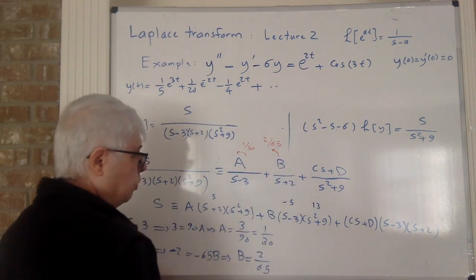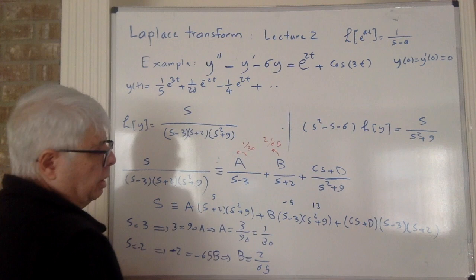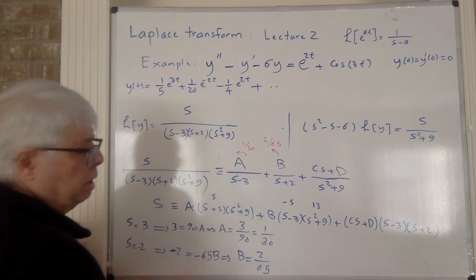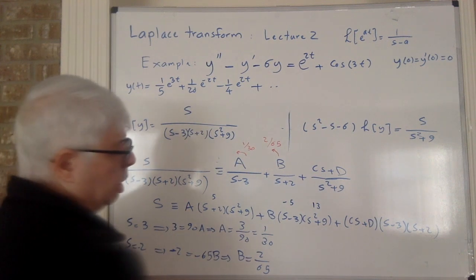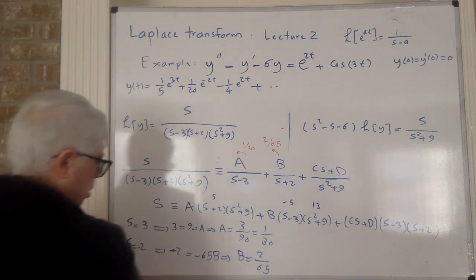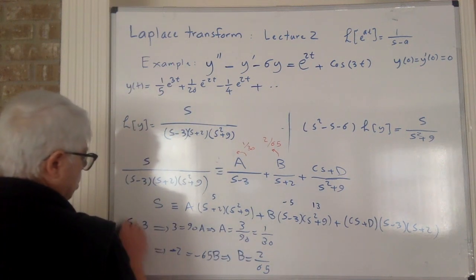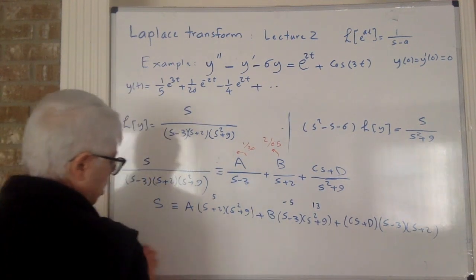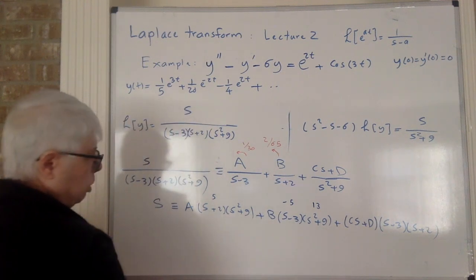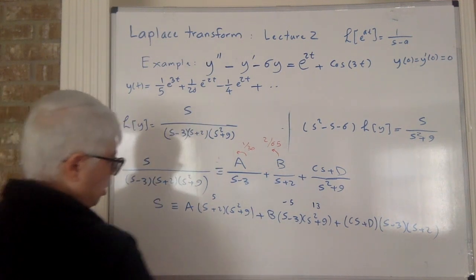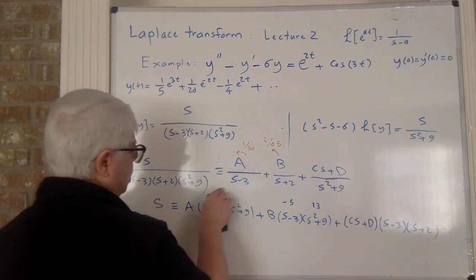And now, to find C s plus D, well, I can use any number for s. But let's see what happens if I set s to 0. As I said, you can use online tools to do this.